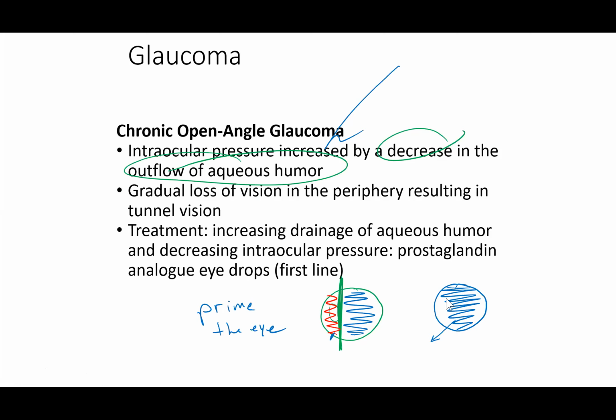Okay, and so what we do is you close your eye, right? So your eyelid is now covering your eyeball, and you take your thumb or your finger and you press on the eye. Okay, and you're priming it.